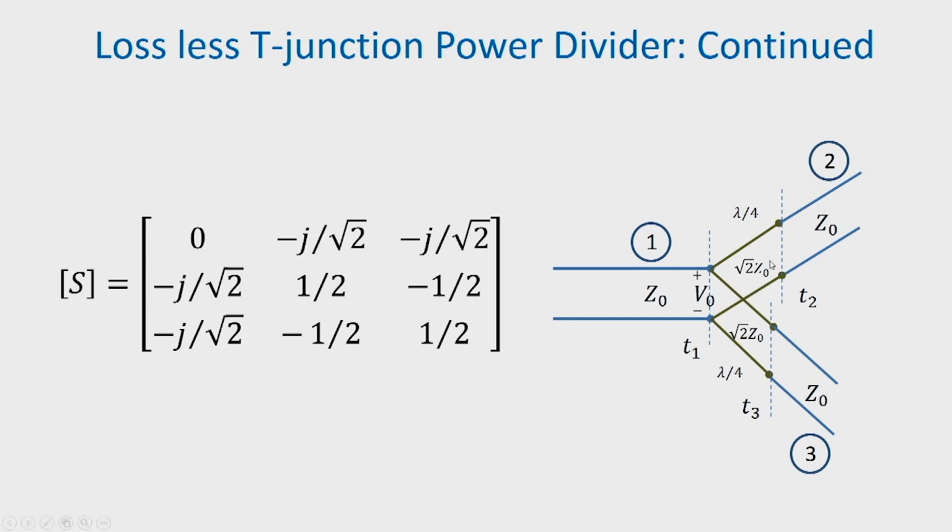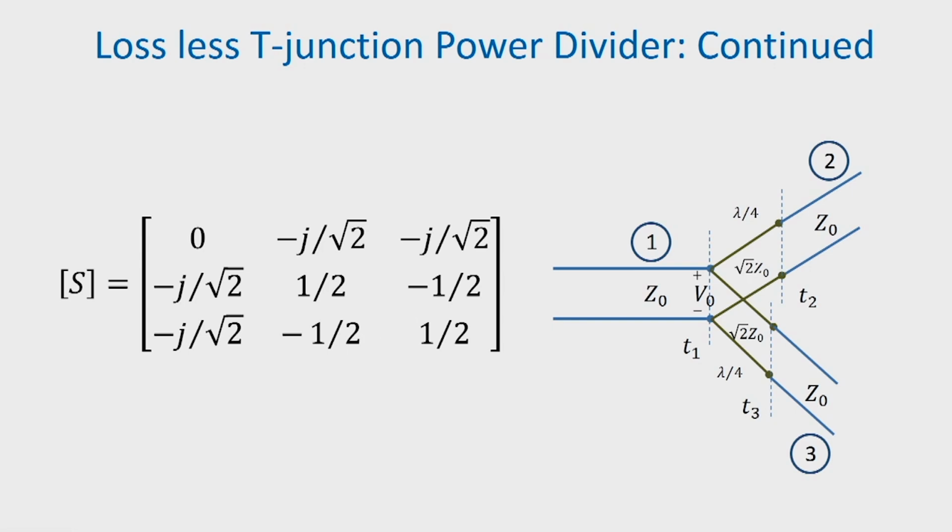Only thing is that now the output port impedance is Z naught instead of 2 Z naught as in the earlier case, and we see that the isolation is also not there, because S23 and S32, the isolation between the output ports, are non-zero.